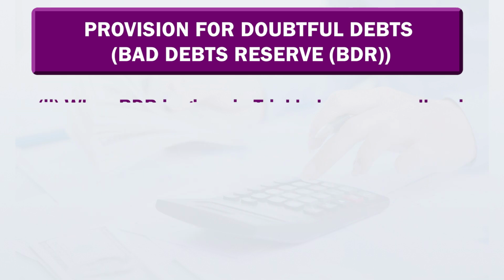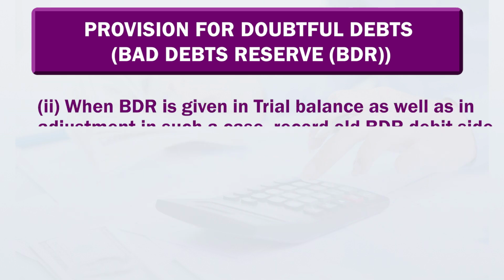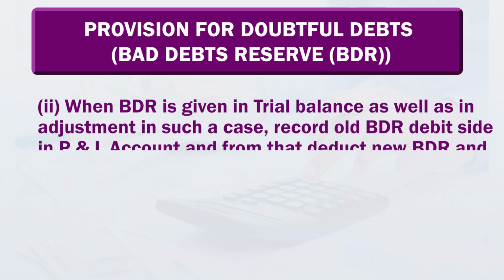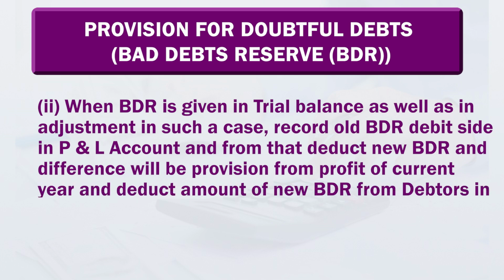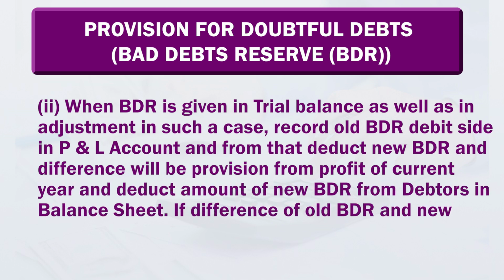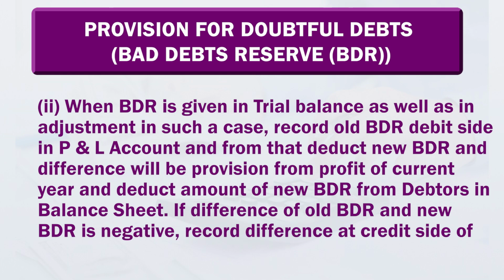When BDR is given in the trial balance as well as in the adjustment, in such a case, record old BDR on the debit side of the profit and loss account, and from that deduct new BDR, and the difference will be a provision from the profit of the current year, and deduct the amount of new BDR from debtors in the balance sheet. Be careful, if the difference of old BDR and new BDR is negative, record the difference at the credit side of the profit and loss account.